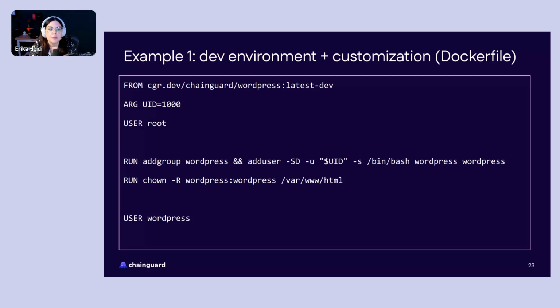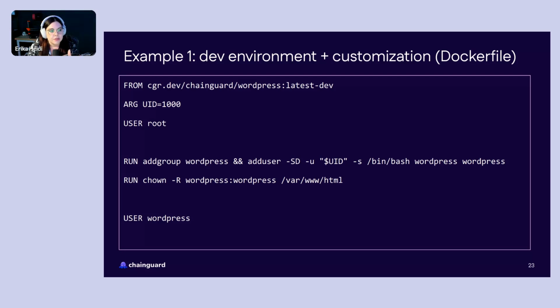This will be copied to the wp-content folder, right? And then you will need to persist this to your host machine. And for this volume share to work, we need to create a WordPress user. So this is what we do in this Dockerfile.